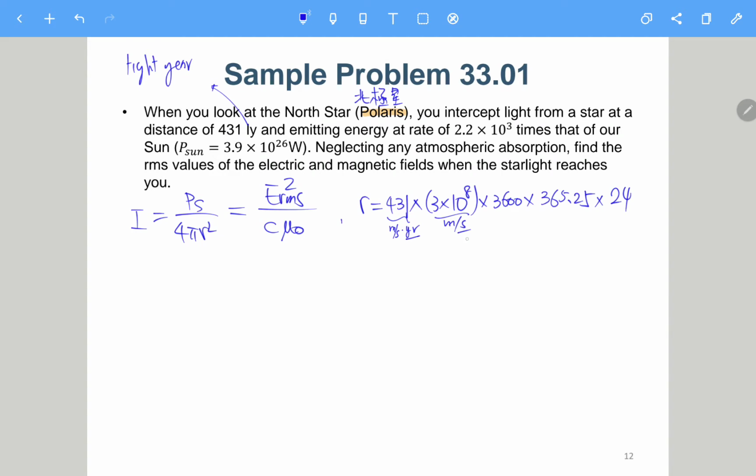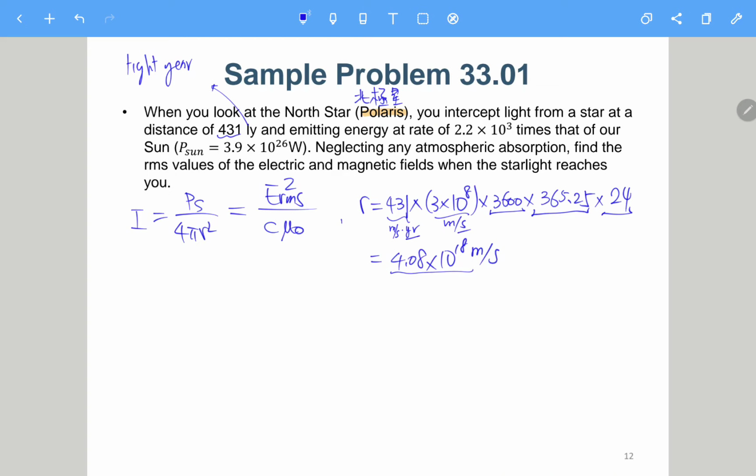So when we count how many seconds in a year, this is 1 hour, and then we have 24 hours per day, and every year we have 365.25 days. So this is actually 4.08 times 10 to the 18th meters. That's why we use light years for cosmic distances, because using the SI unit would give too big a number.